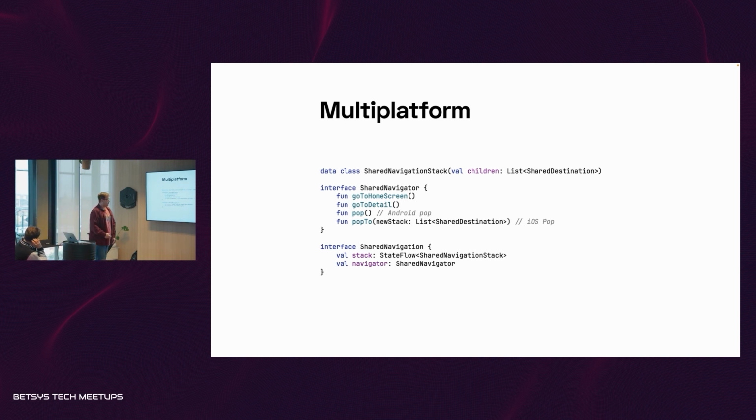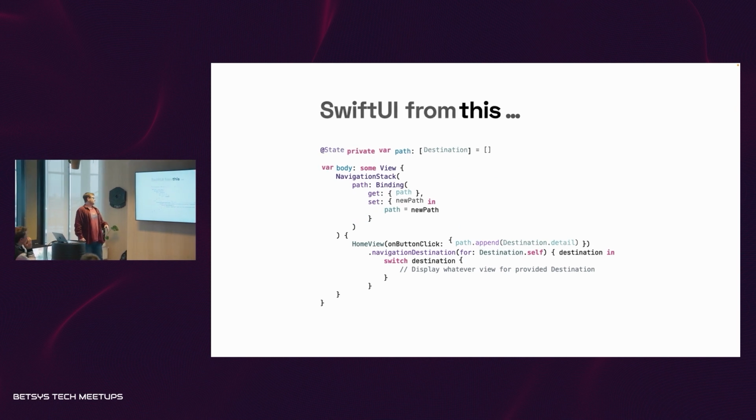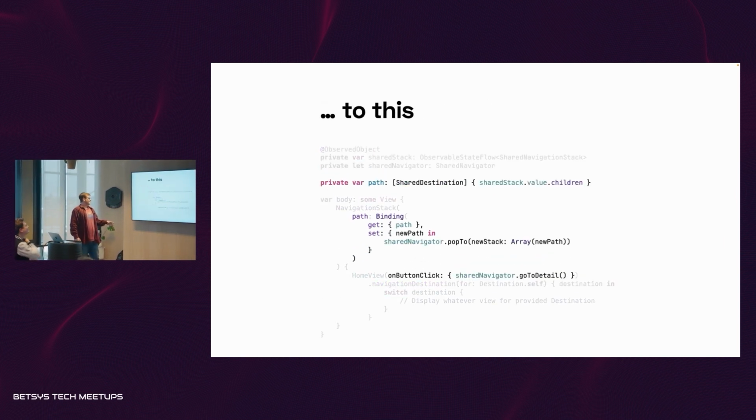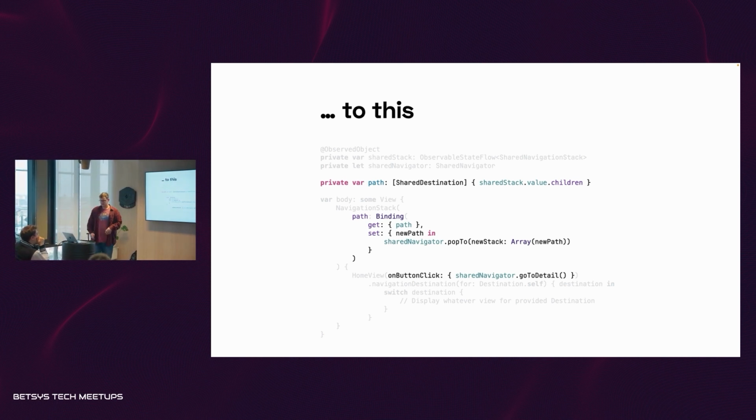So when you look at the SwiftUI side of things, you basically go from this to something like this. I know there's a lot of code. I'm going to explain that a little bit later on, but the main takeaway is that you hook your binding, which is used in the navigation stack view, into the Kotlin.